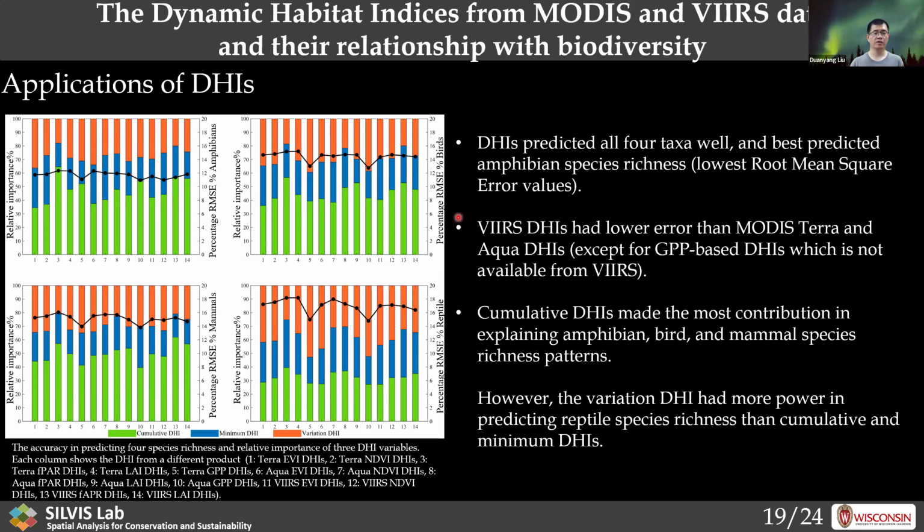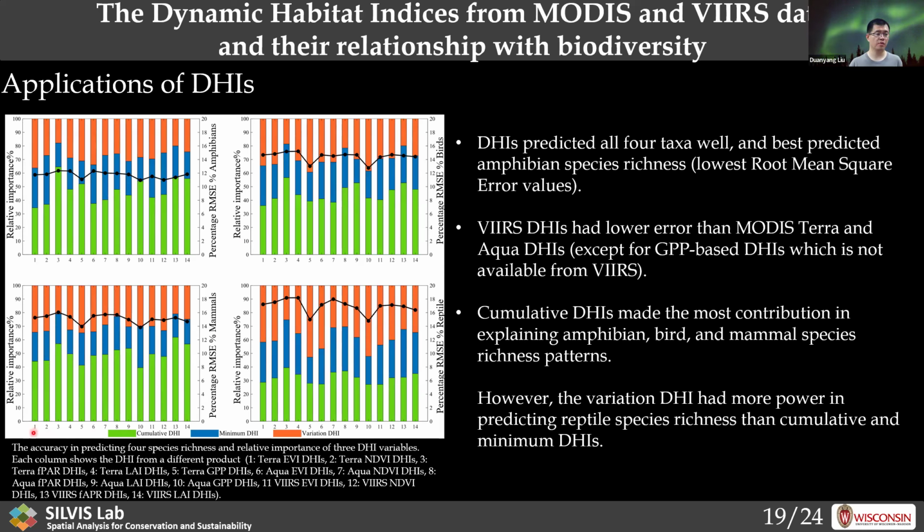Moreover, I also presented the relative importance of each DHI variable and evaluated their contribution in predicting species richness. In this figure, there are the results for amphibians, birds, mammals, and reptiles. The number on the x-axis represents the corresponding DHIs, and each column represents a different DHI.